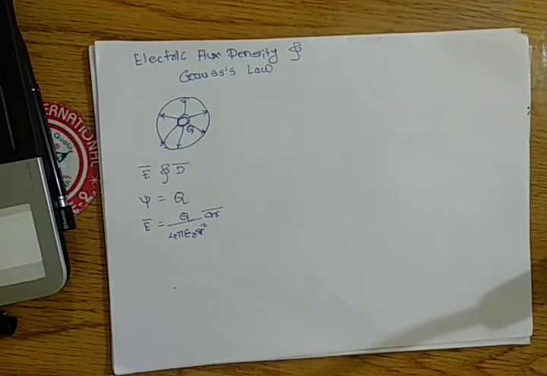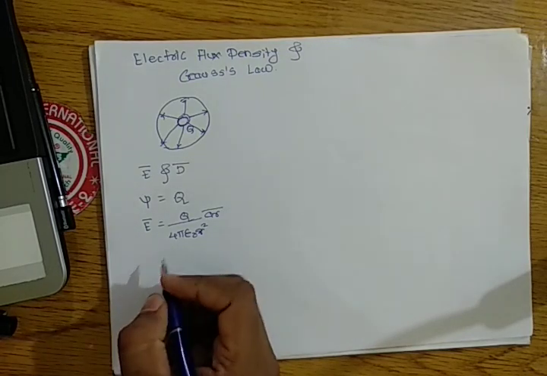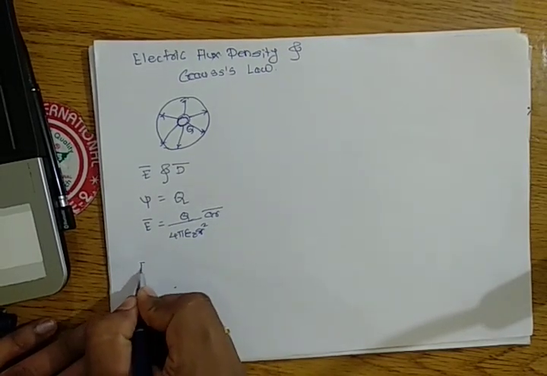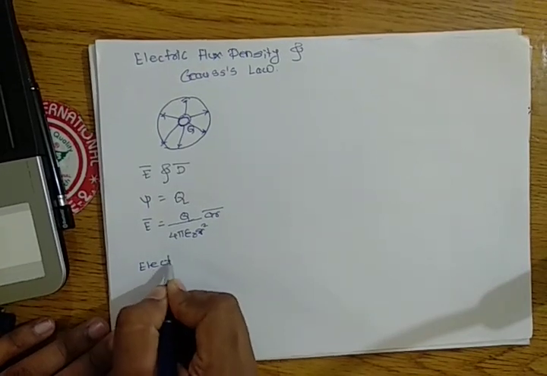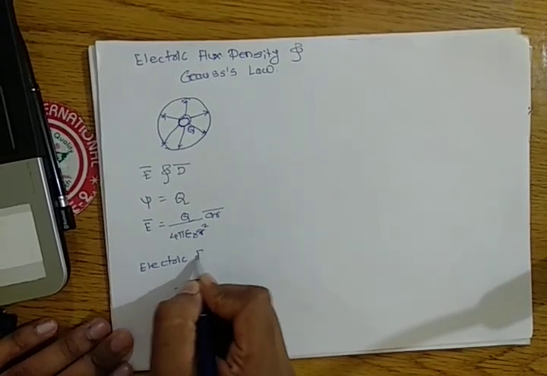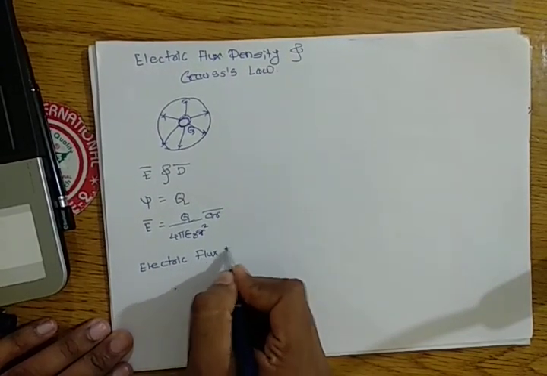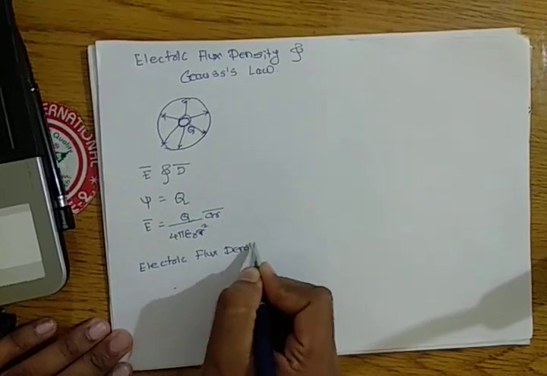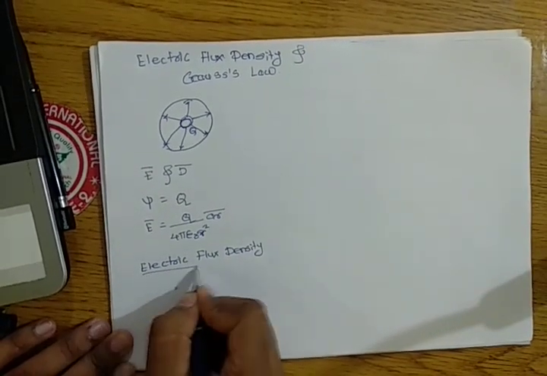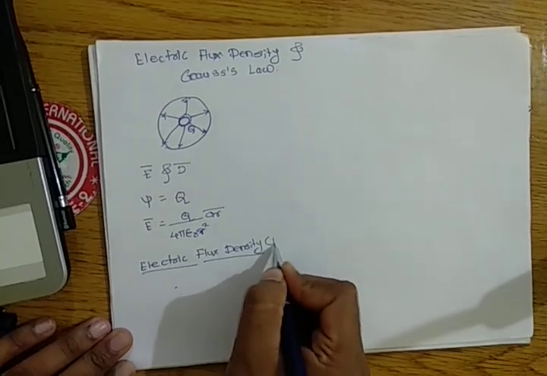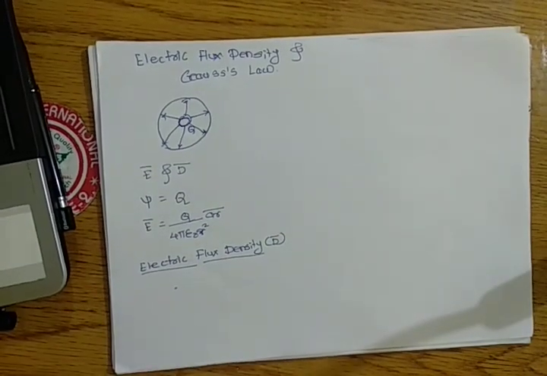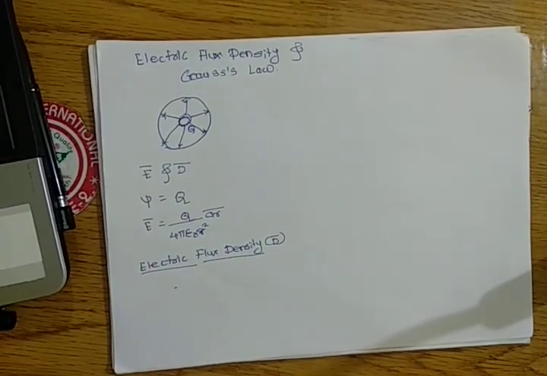So what is meant by electric flux density? That is given by D bar. Electric flux density is charge per unit area.